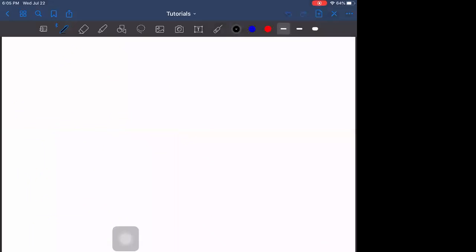Okay, so first, let me ask you if you are familiar with this symbol. What symbol is that? Summation. That is a sigma, right? That symbol represents summation.